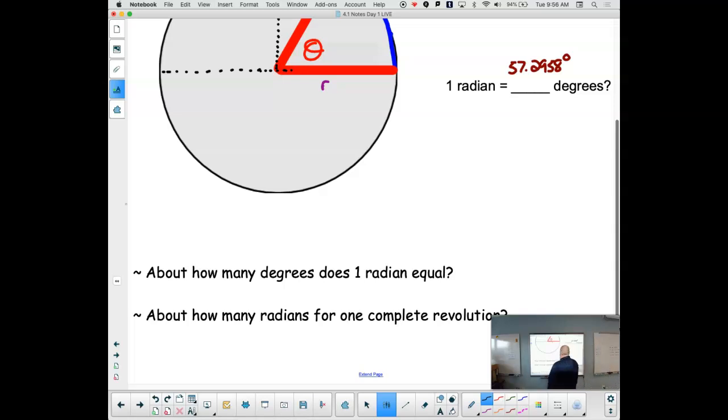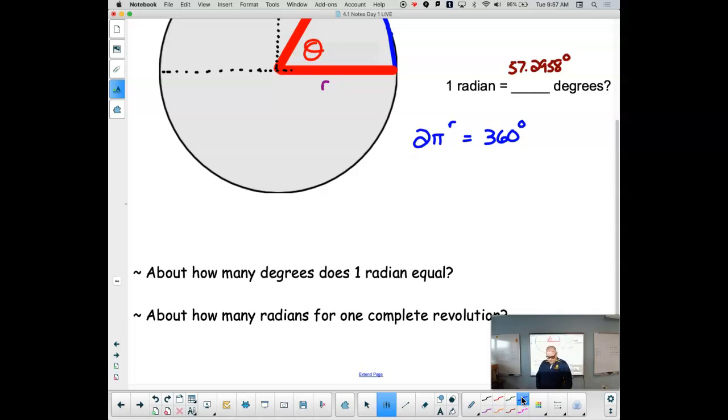2 pi to go all the way around our circle. In radians, 2 pi goes all the way around. In degrees, that same thing is 360 degrees. So if you take 360 and you divide it by 2 pi, oops, I forgot to open up my parentheses, 2 pi, you get 57.2957791.